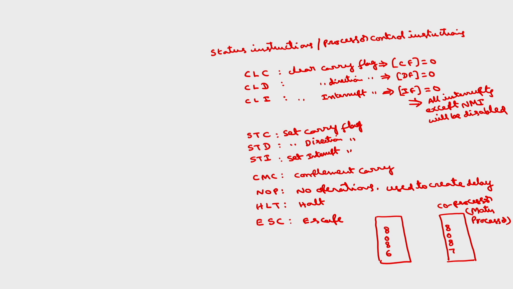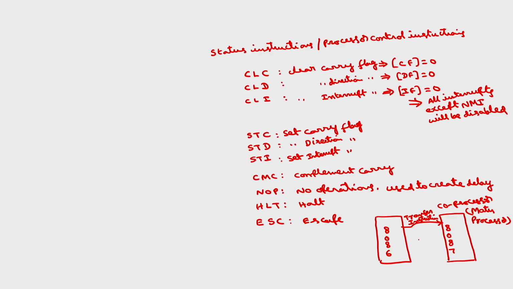There are some instructions which involve mathematical operations. Then the microprocessor wants to transfer control of the instruction to the coprocessor. Whenever the microprocessor executes the escape instruction, the next instruction after escape will be transferred to the 8087.